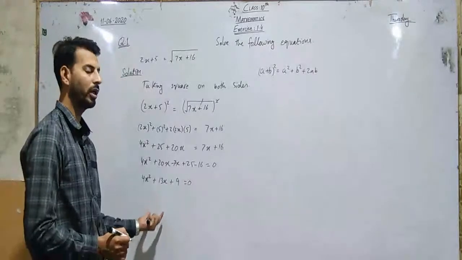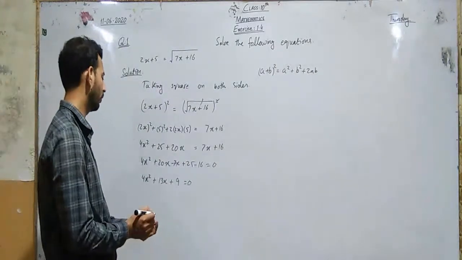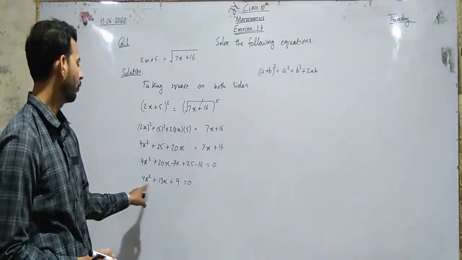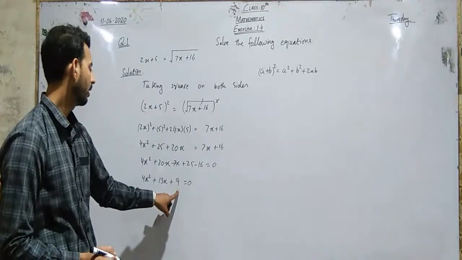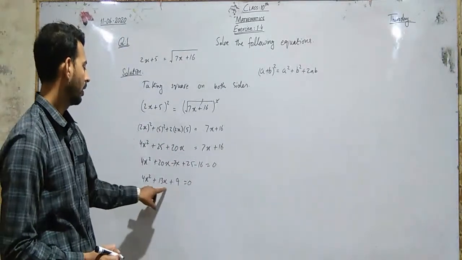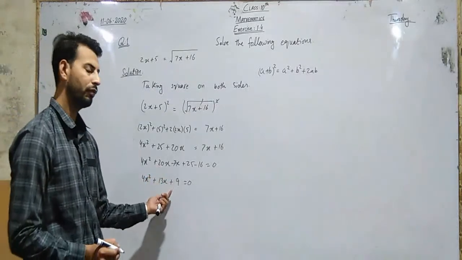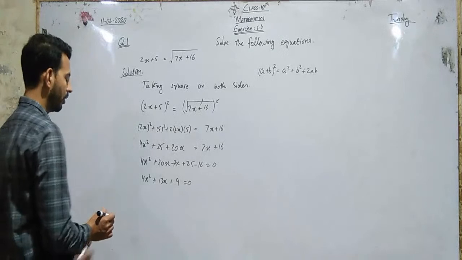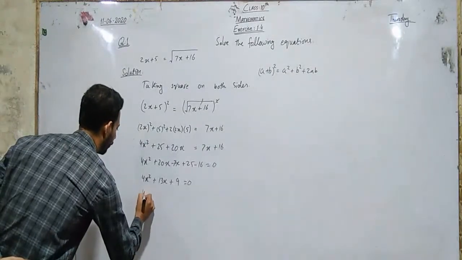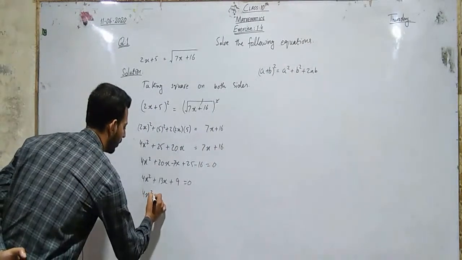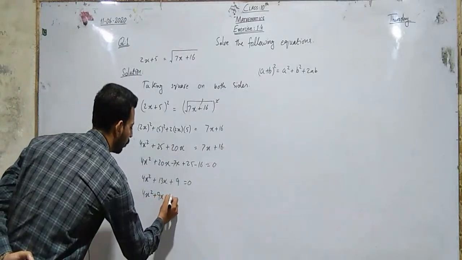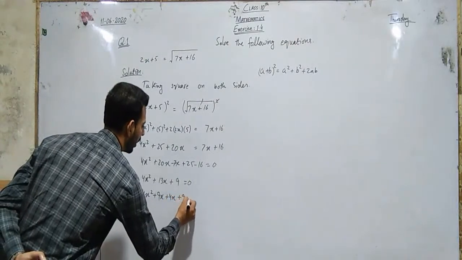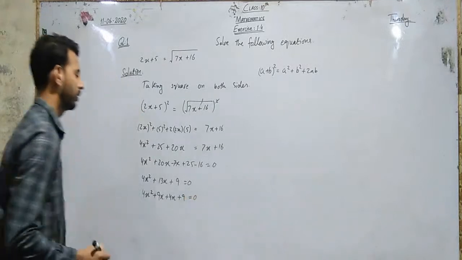The easiest way is factorization, so we will do that. 4 9s are 36, and 4 plus 9 is 13. So the factors are already there, so we will write 4x squared plus 9x plus 4x plus 9 equals 0.